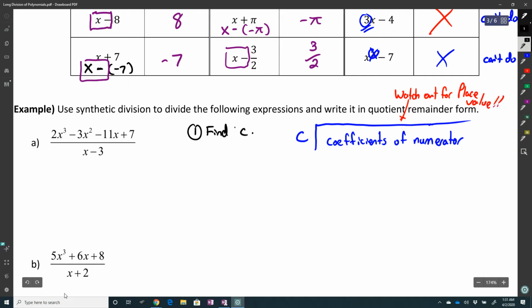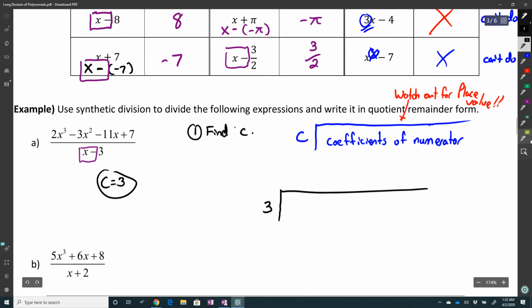So in this problem, the x minus is part of the formula, so I know that c is equal to 3. So I'm going to write 3, and do this little bar thing. And then I'm going to put the coefficients of the numerator.